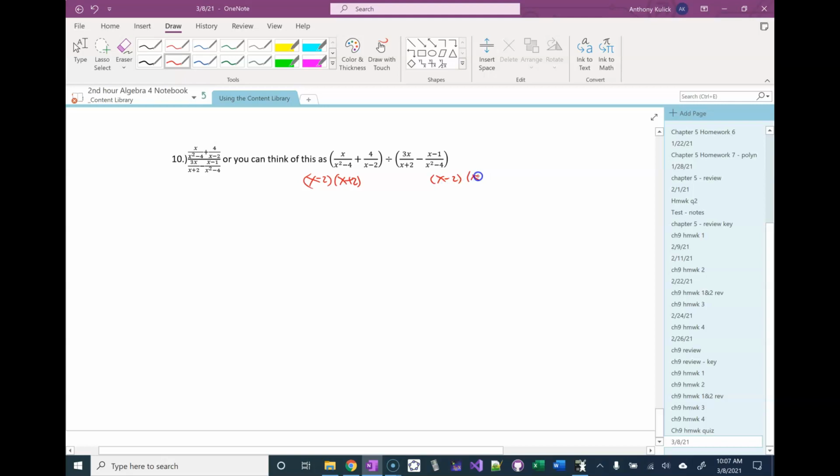So the first fraction has the x minus 2 and the x plus 2, so we don't have to do anything to that one. The second fraction has the x minus 2, but doesn't have the x plus 2. So that's what we have to multiply to that second fraction. So that's just that x.